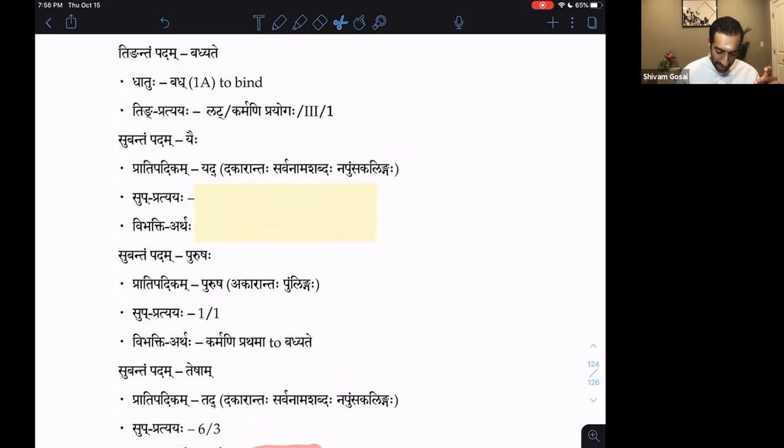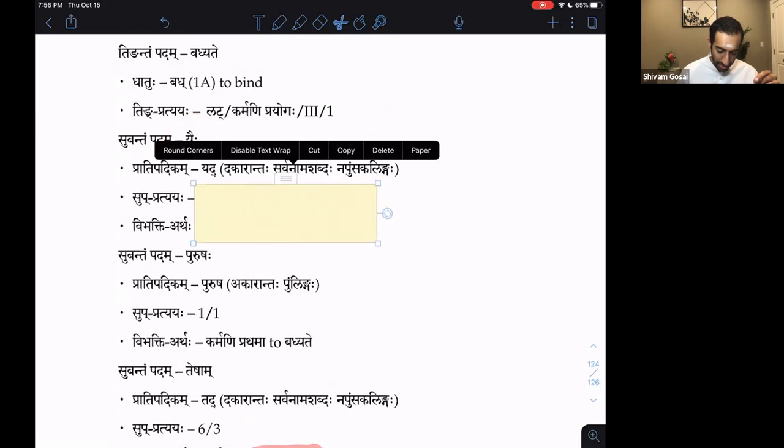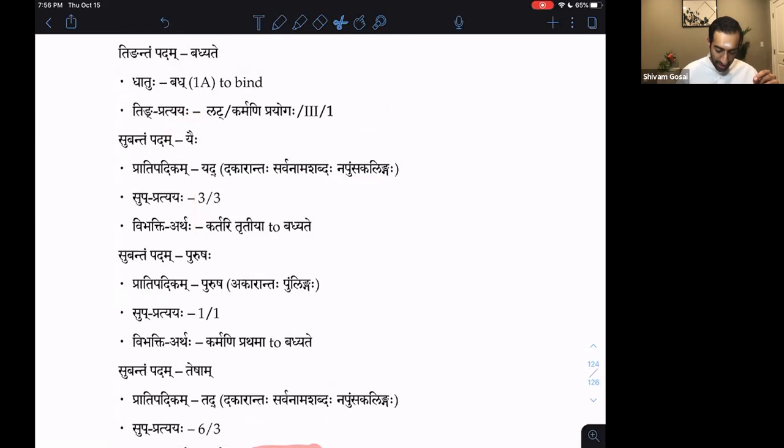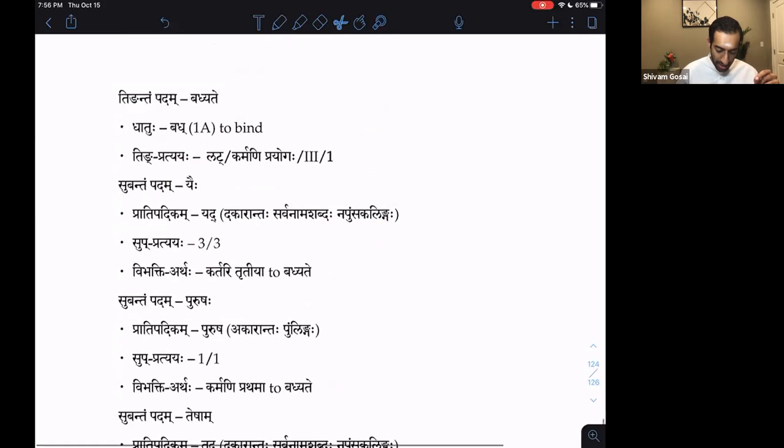Now, yaihi. Yad shabda, dakaranta sarvanama shabda, napumsakalinga, 3-3. Now we're in karmani prayoga. Now third case in karmani prayoga can be kartari. Right?